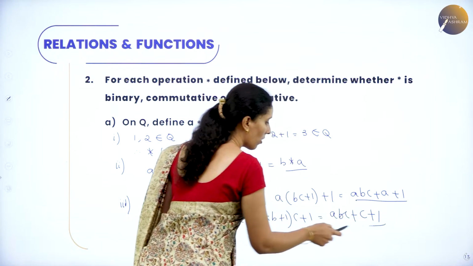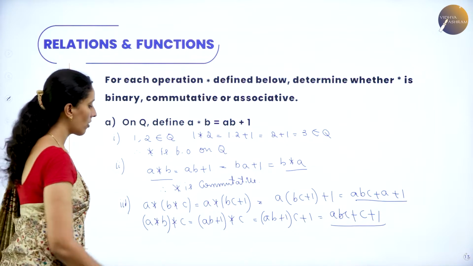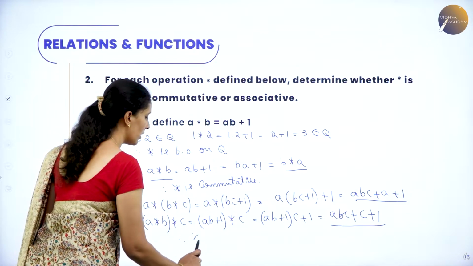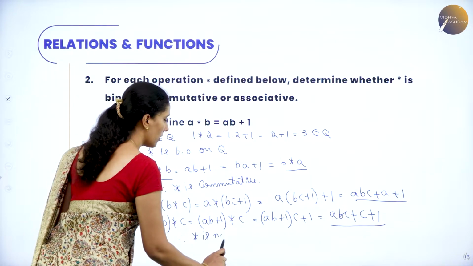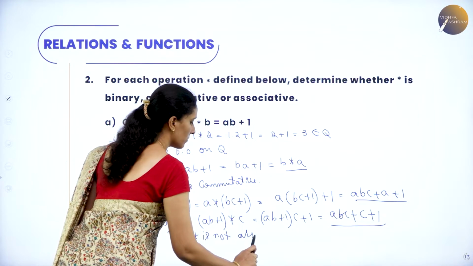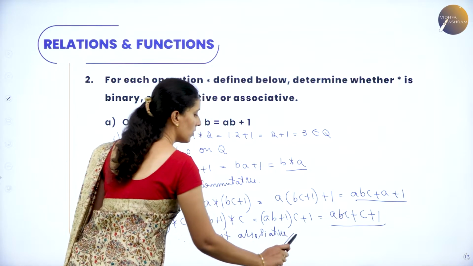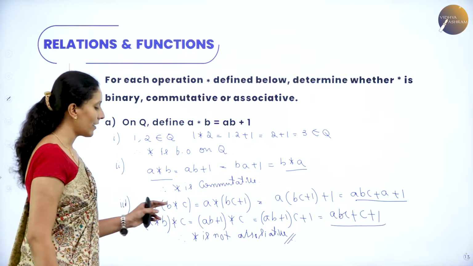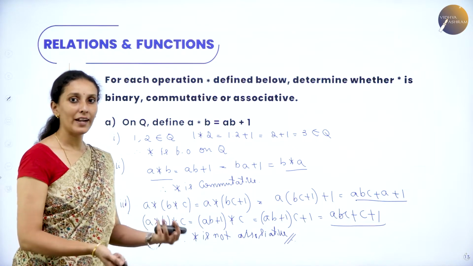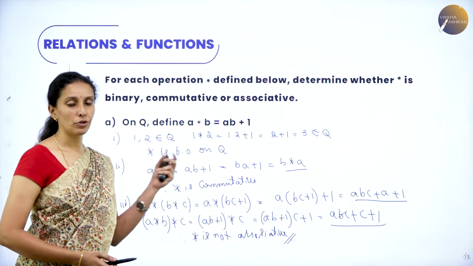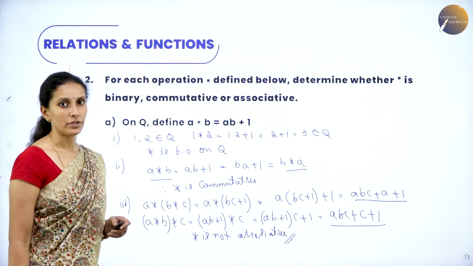Clearly, you observe they are not equal. Since they are not equal, what can I conclude here? Star is not associative. So in general, we can take A, B, C to prove this, or you can take any numerical values to show that it is not associative.